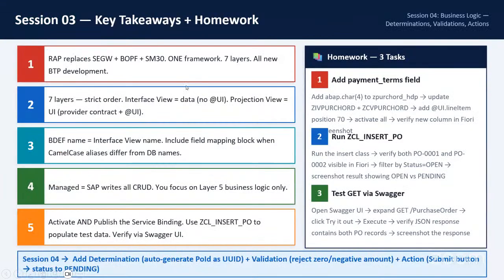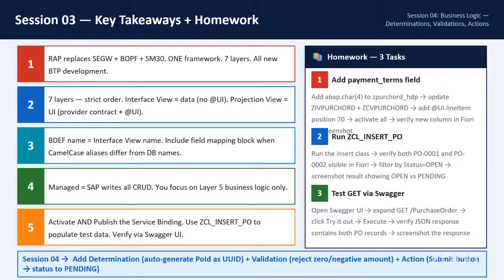Okay, and then let's discuss the takeaways from this class. First of all, we have 5 golden rules from this session 3. Those 5 I have listed here. First one is RAP, one framework with 7 layers, which is replacing our SCGW plus BOPF and SM30, everything into one framework.